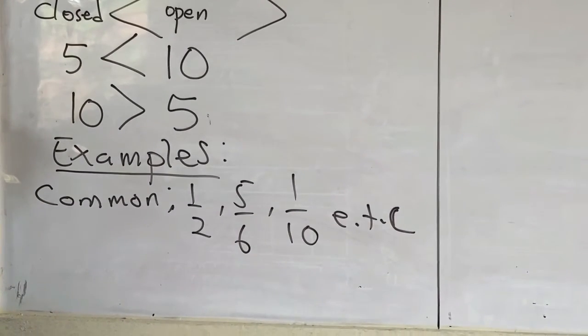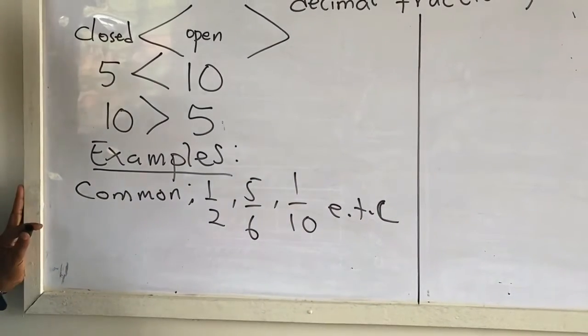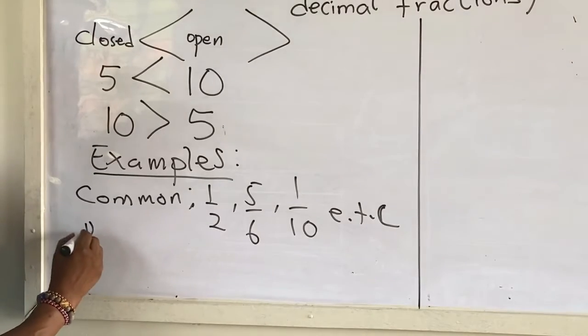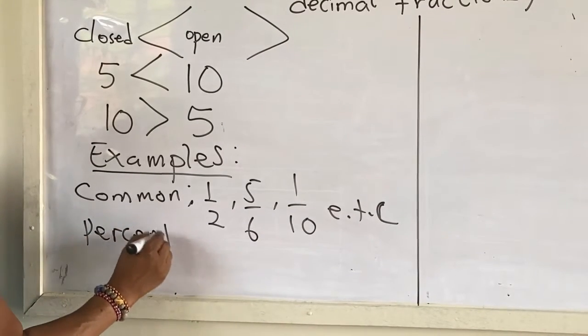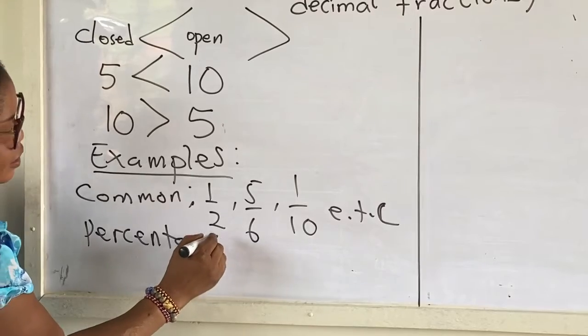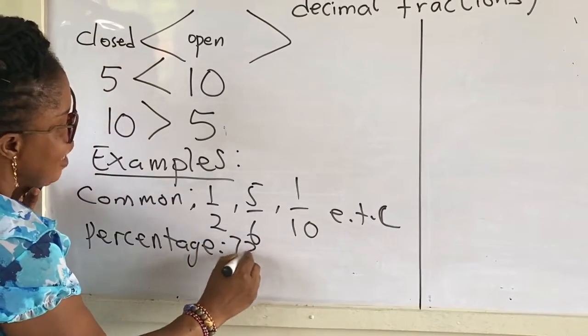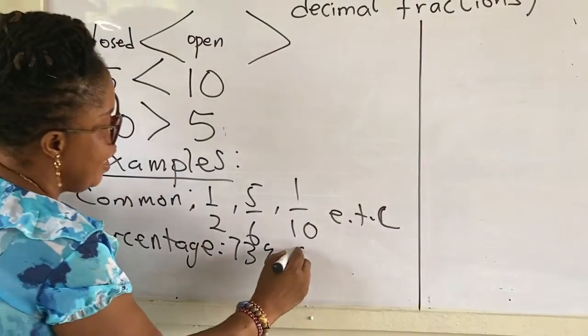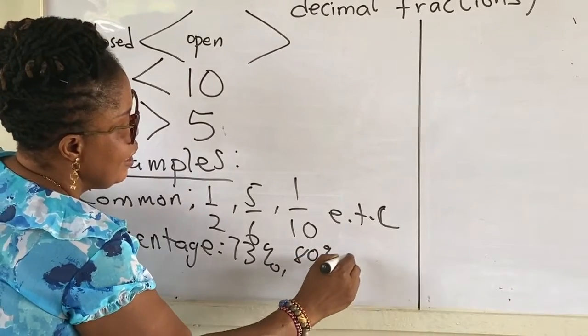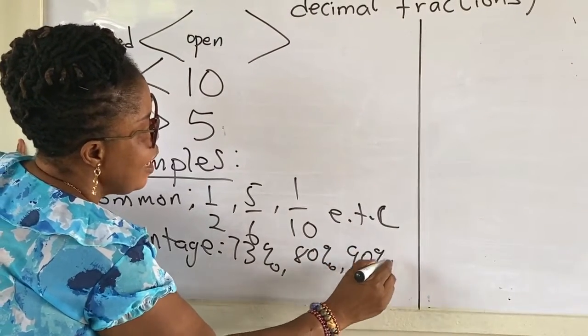Now, let's look at percentages or a percentage fraction. Examples are 73%, 80%, 90%, etc.